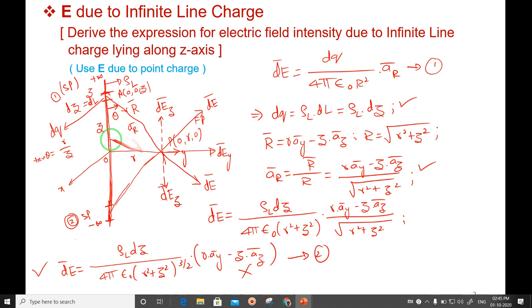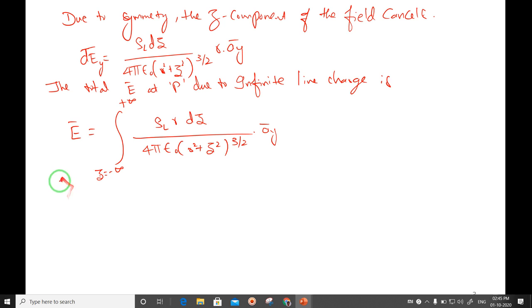Tan theta equals opposite by adjacent, but I will be using cot theta, so cot theta is equal to adjacent by opposite, Z by R. So Z is equal to R cot theta. So I will substitute Z equal to R cot theta.